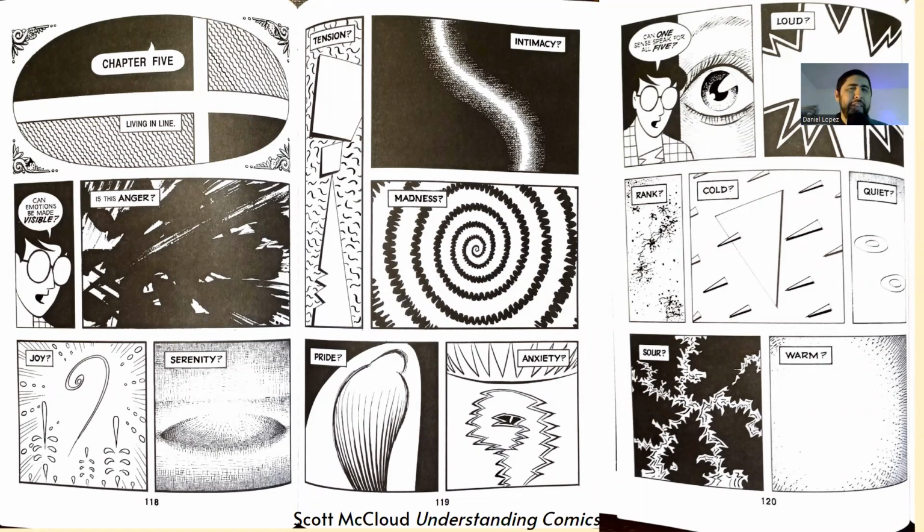For example, this isn't literally a picture of serenity because that's an abstract concept, but the way he drew the lines might communicate that, right? Same thing with madness, intimacy. You might disagree with those, but that's how he draws those, and you get to interpret it how you want.